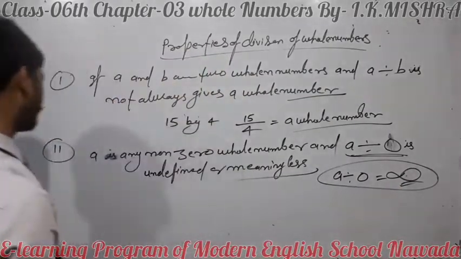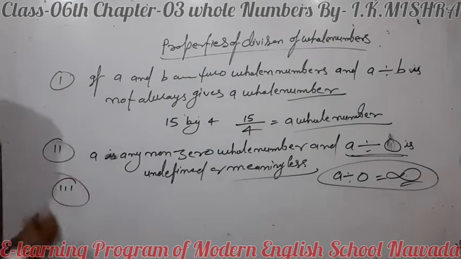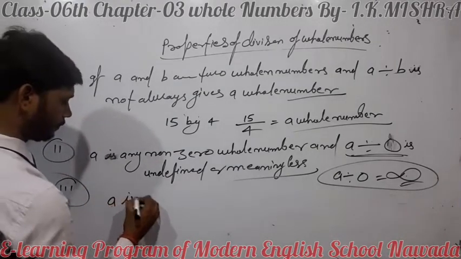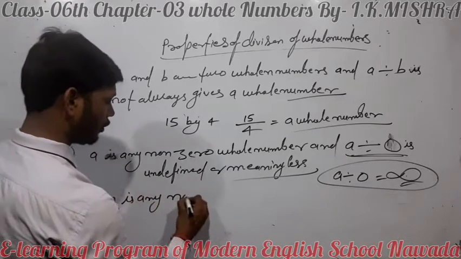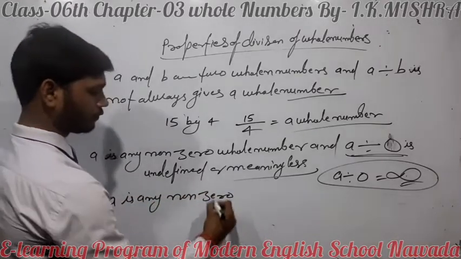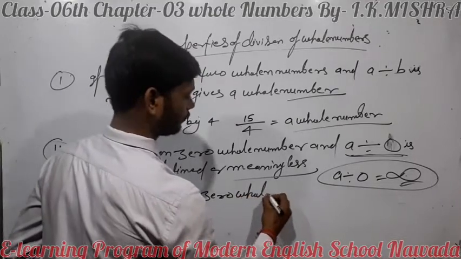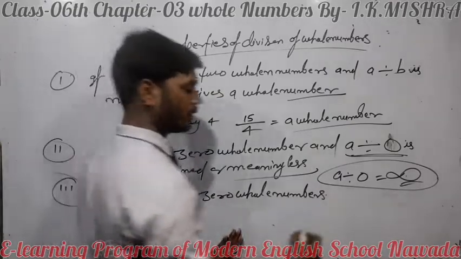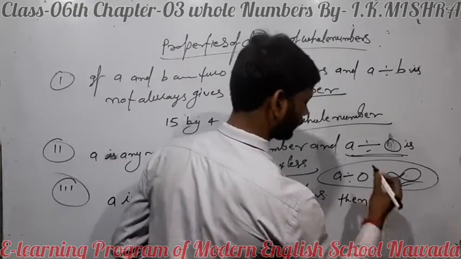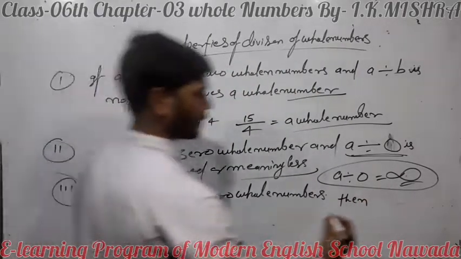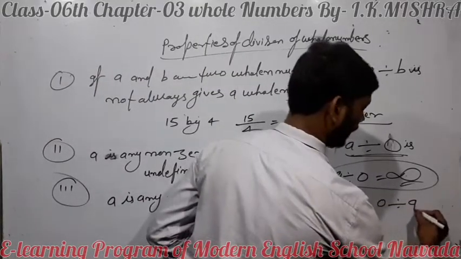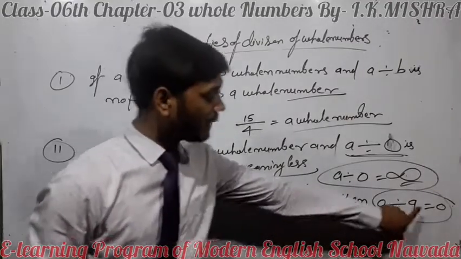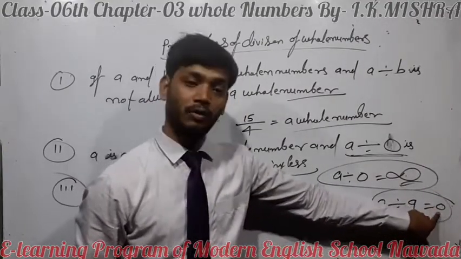Always notice the next property: if a is any non-zero whole number, then 0 divided by a is equal to 0. Here when 0 is divided by a, the result is equal to 0.